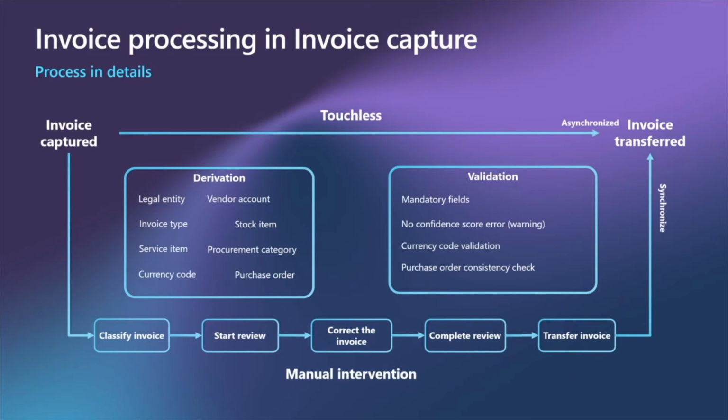And for the touchless, if there is no error right after the invoice gets captured, during the transfer we will leave the invoice to be submitted to a staging area on the AP handle side, and the invoice status will stay in awaiting. The frequency at which the invoice is processed from the staging depends on the processing automation job.